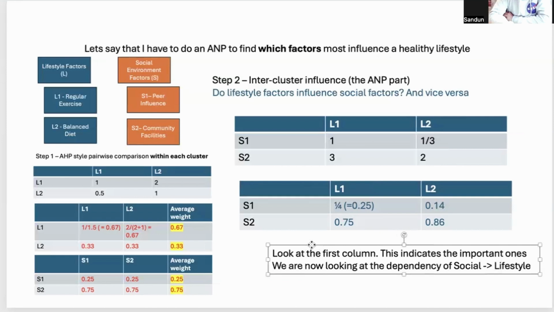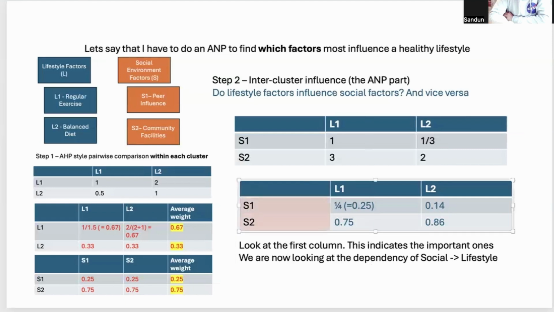We are looking at the influence of the social part on the lifestyle, which means whenever you put a large value here, like in the H3 case, it means this one is more important. So if you have, for example, 0.7 here, all the values here indicate that these are not that important when it comes to social to lifestyle. So 0.75, like 3 times here.